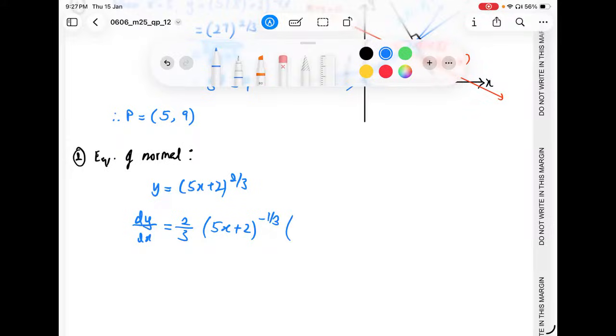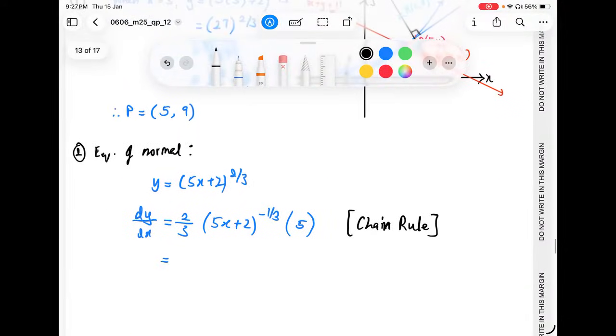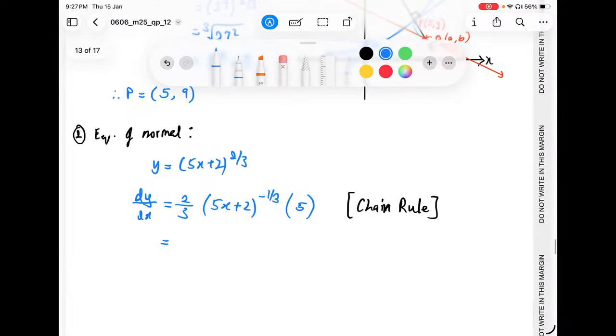And don't forget to differentiate the inside. That's your chain rule over there. Don't forget to differentiate the inside function. So we used the chain rule. I'm just writing it for your understanding. Then this should be 10 by 3, (5x plus 2) to the power negative 1 by 3.